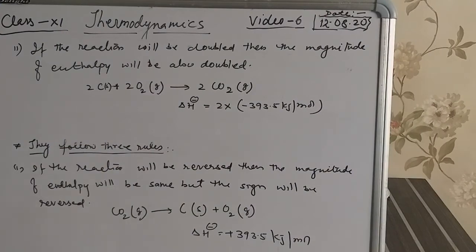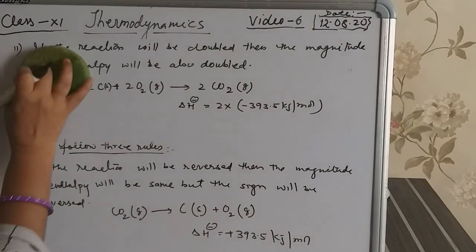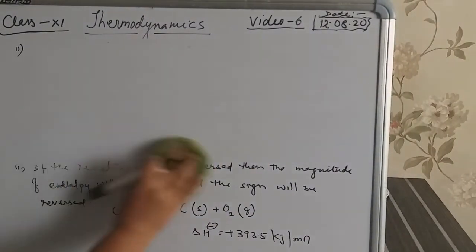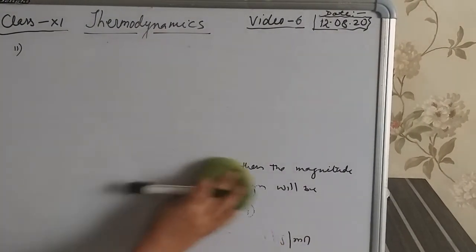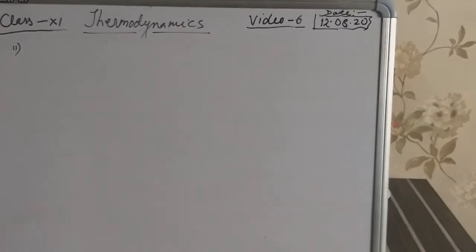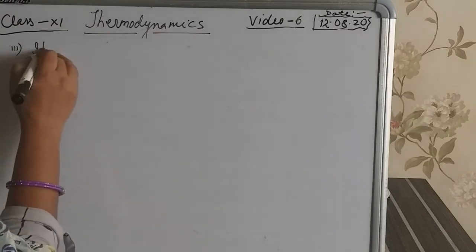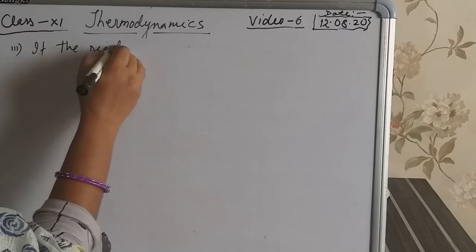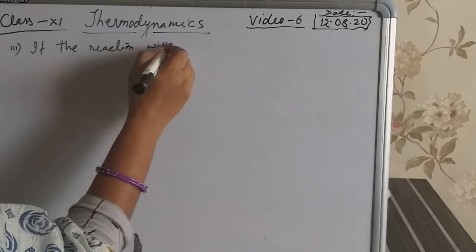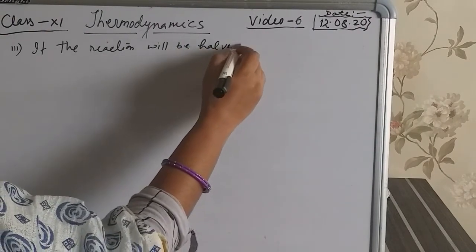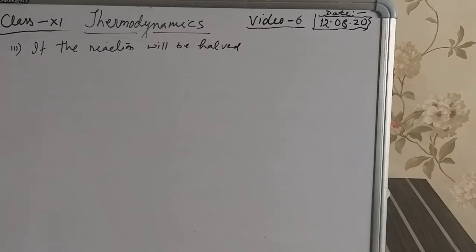Now the third rule is if the reaction is halved, then its magnitude will also be halved.